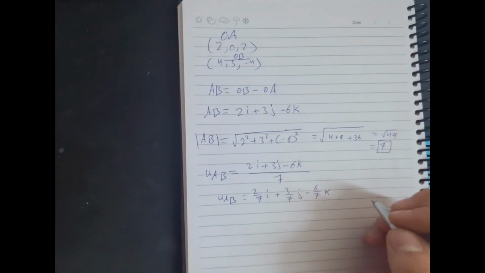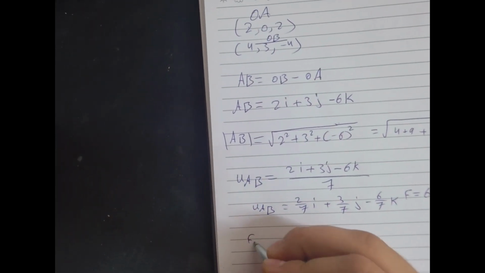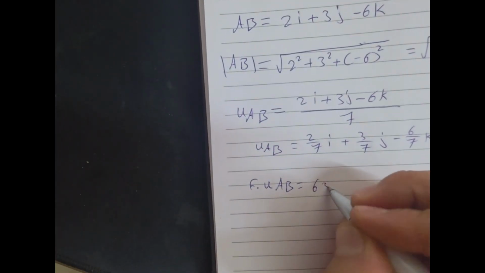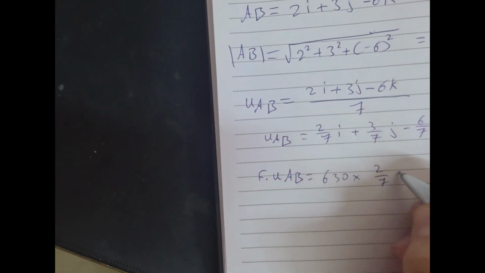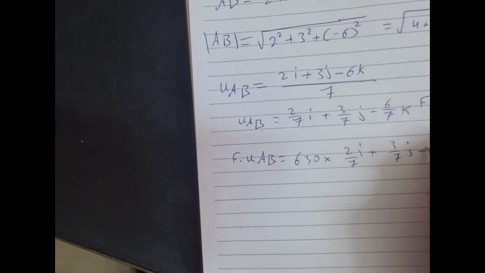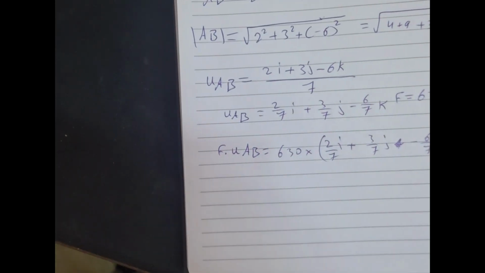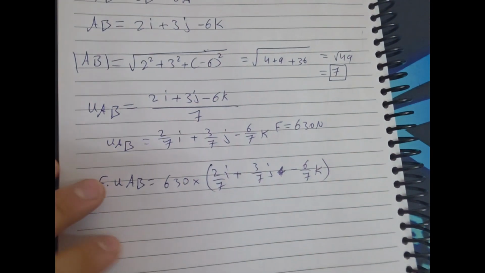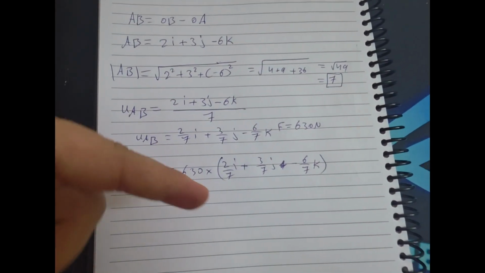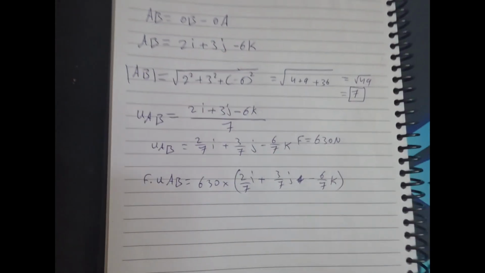So force times unit vector AB will equal 630 times (2/7 i plus 3/7 j minus 6/7 k), all in brackets.